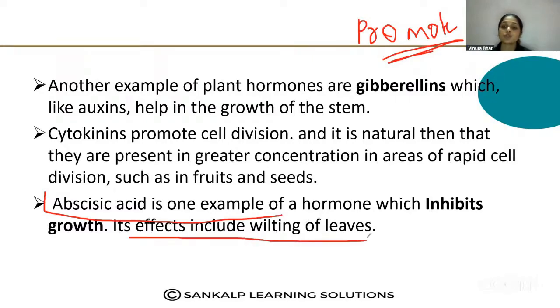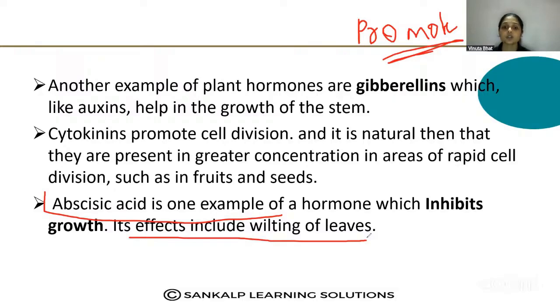It is produced when the plant is in a stressful condition, for example when nutrients are very scarce or water availability is low. Only at that time it is released. It inhibits growth because a growing plant uses more nutrients, and when nutrients are not available, growing would harm the plant.